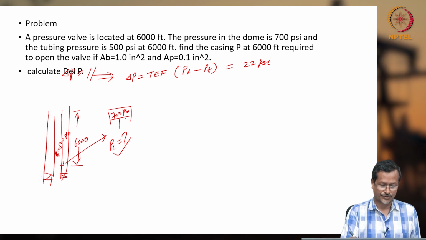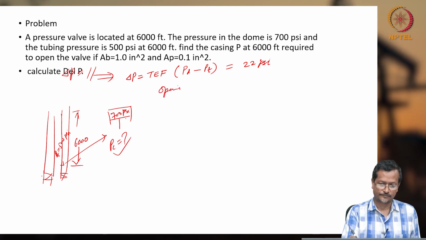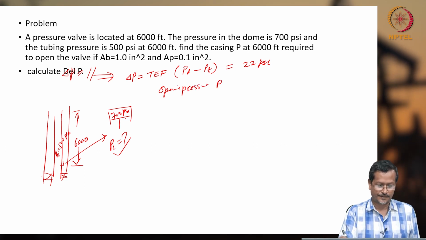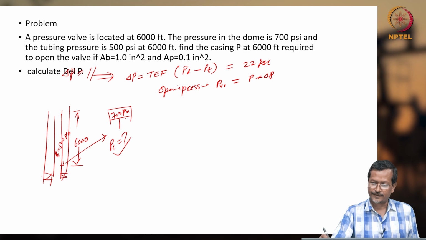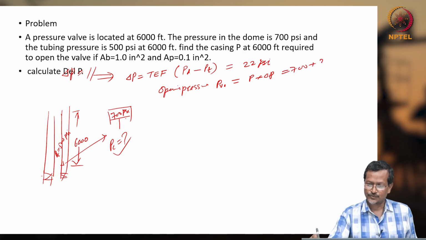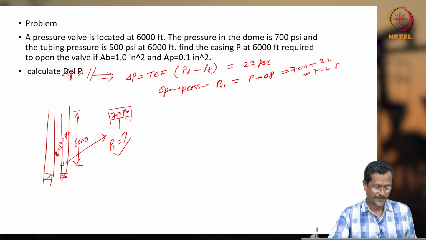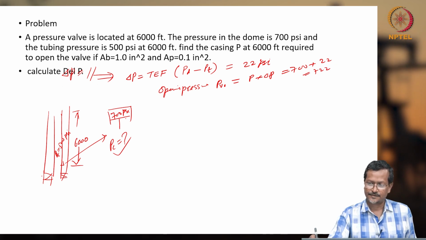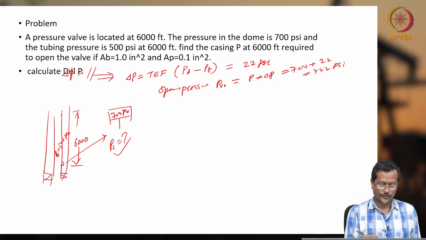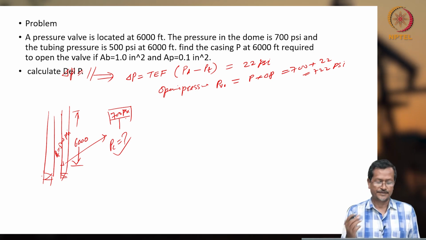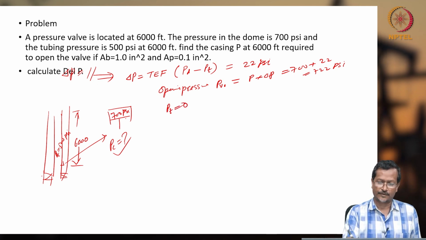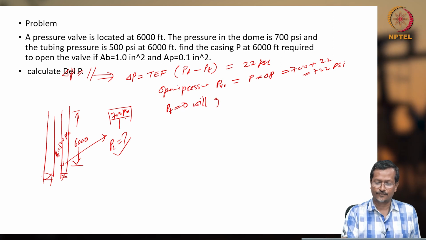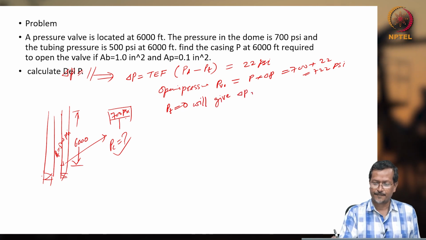So the opening pressure PVO equals PD plus del P, so 700 plus 22, which is 722 psi. The maximum spread occurs when PT equals 0, which gives del P maximum.